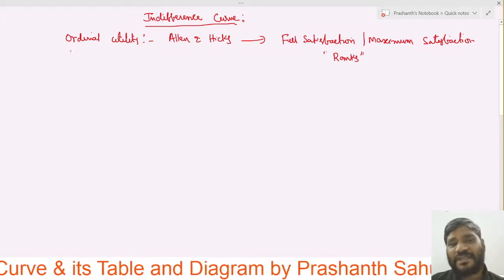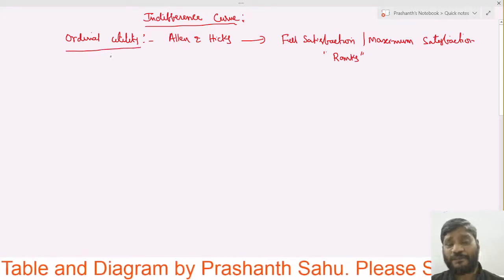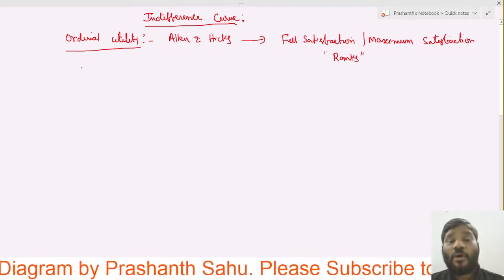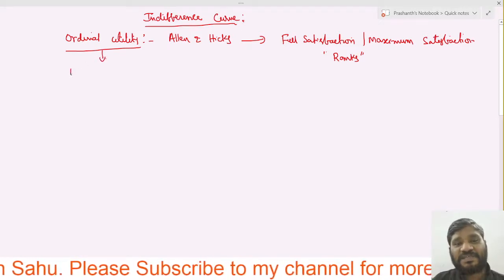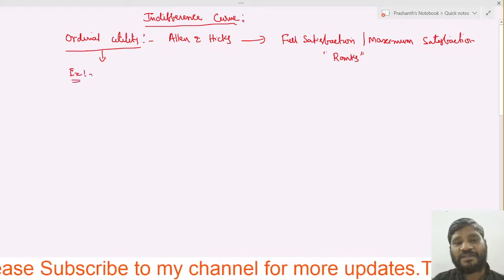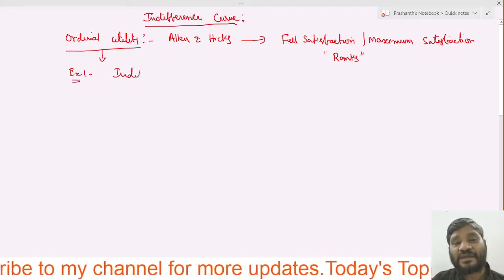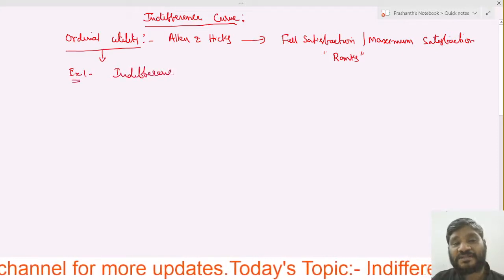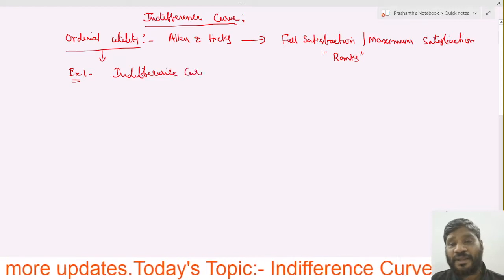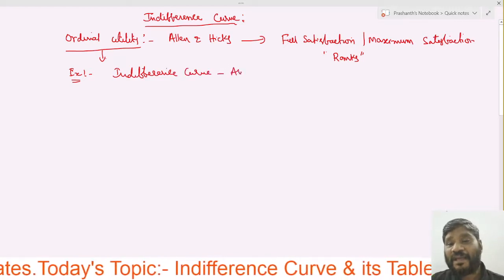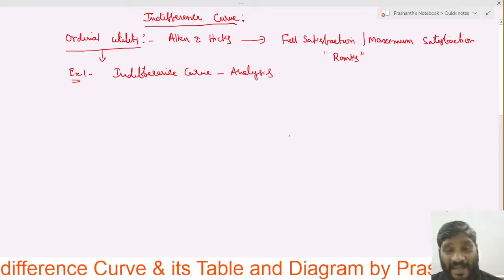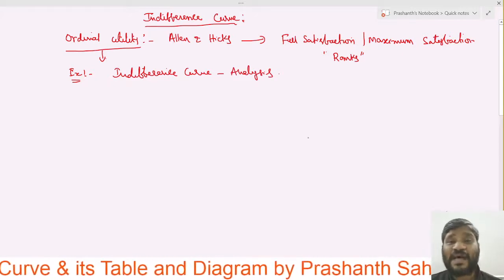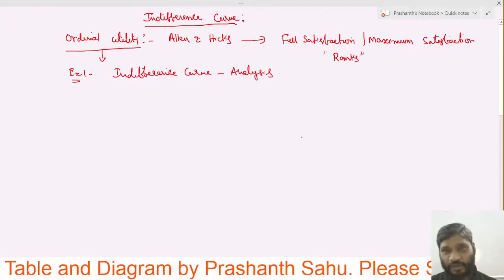The basic reason I have discussed it here is ordinal utility. For this, the best example is the indifference curve analysis, which is the best example under ordinal utility.